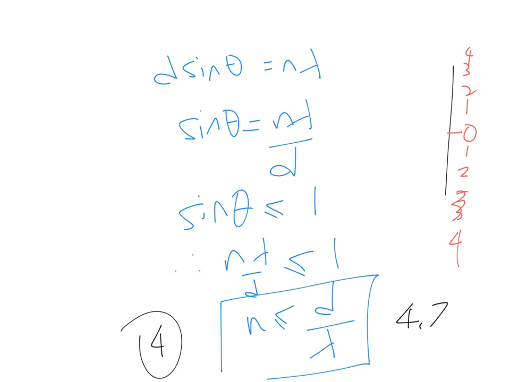So total is how many? 8, 9, inclusive of the 0. So in order to get the total number of images, it will be 2 times the highest order number plus 1 for the 0 order. So be careful what they're asking you. Number of images will be 9. Number of orders is 4. Okay?